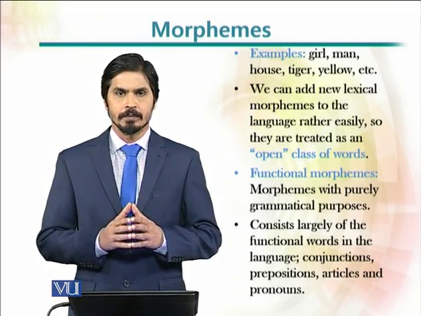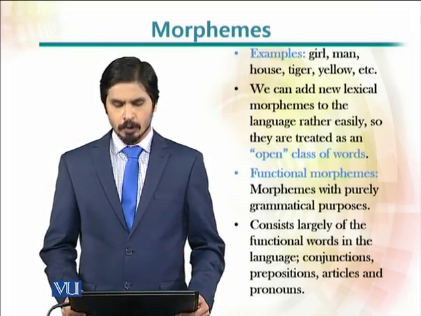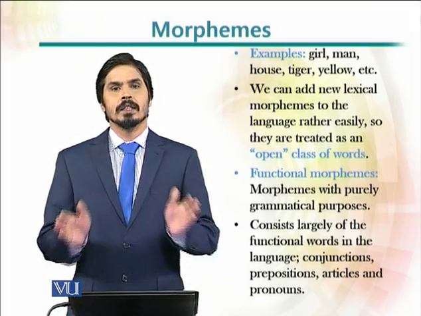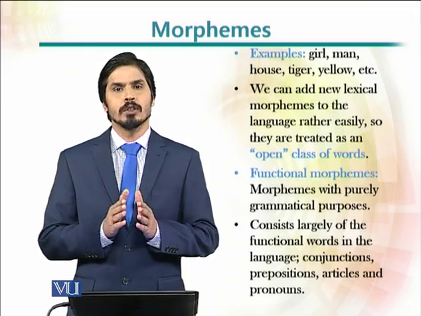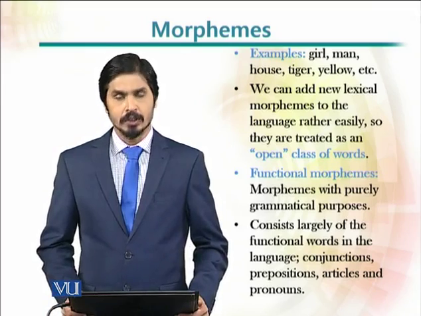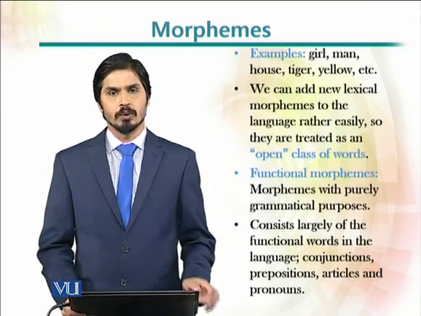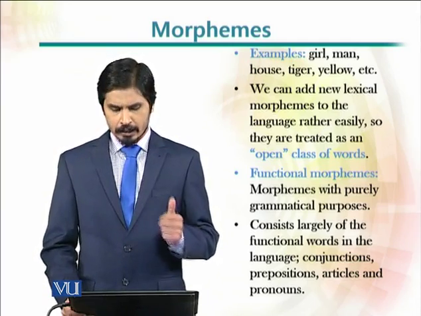In comparison, we have another kind of free morphemes which is known as functional morphemes. These are grammatical words and not the content words, and they perform certain grammatical functions in a sentence, and when they are put together with other words, they actually change their grammatical category.